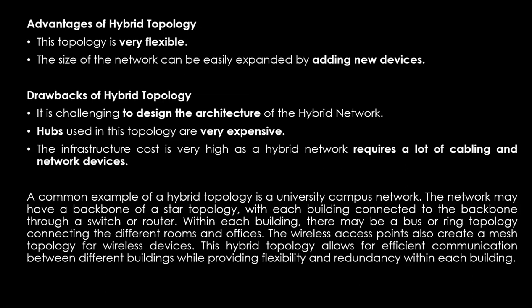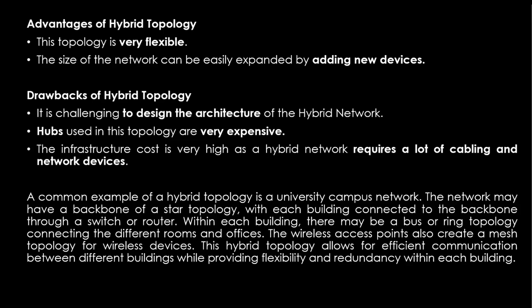A common example of a hybrid topology is a university campus network. The network may have a backbone of a star topology, with each building connected to the backbone through a switch or router.